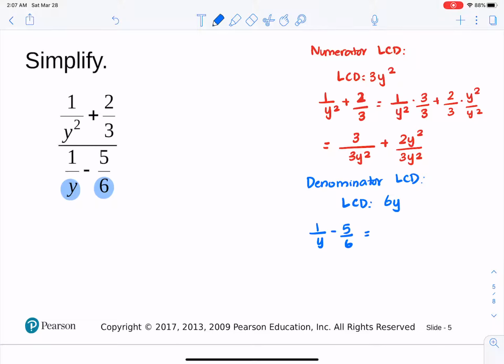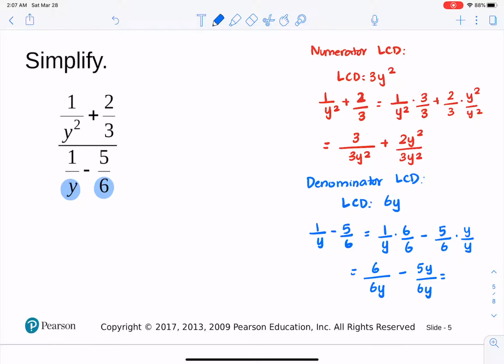I need 6y in the denominator, so I'm going to multiply and divide the first fraction by 6. I need a 6y in the denominator for the second fraction, so I multiply and divide by y. So 1 times 6 is 6, y times 6 is 6y, 5 times y is 5y divided by 6y.